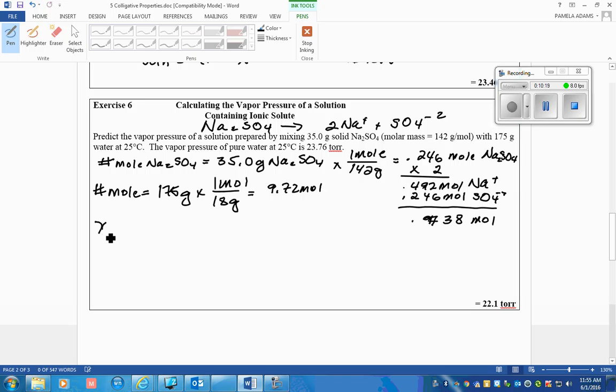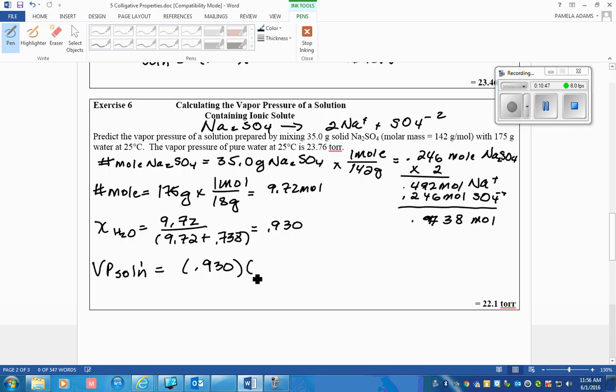The mole fraction of the water is equal to the moles of the water divided by the moles of the water plus the number of moles of ions, and that mole fraction is 0.930. So the vapor pressure of this solution is equal to 0.930 times the vapor pressure of pure water, 23.76 torr, and that gives us this answer right there.